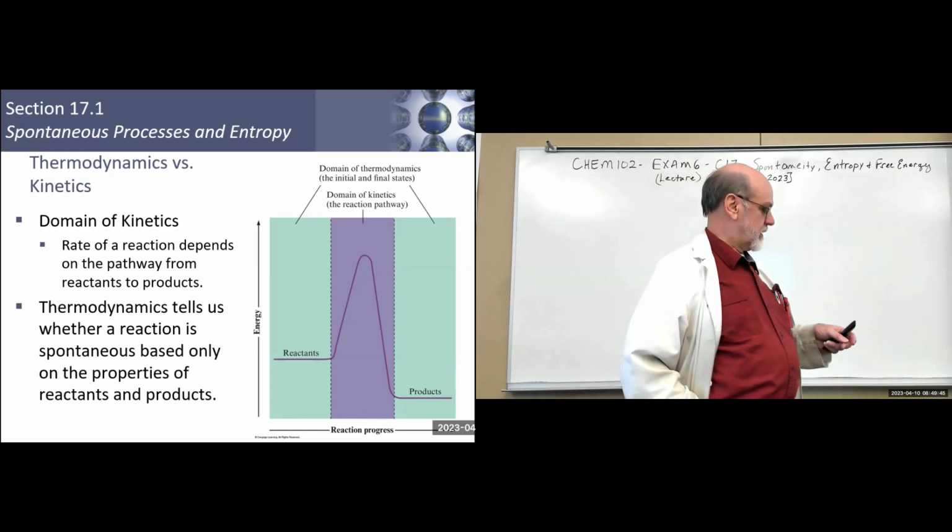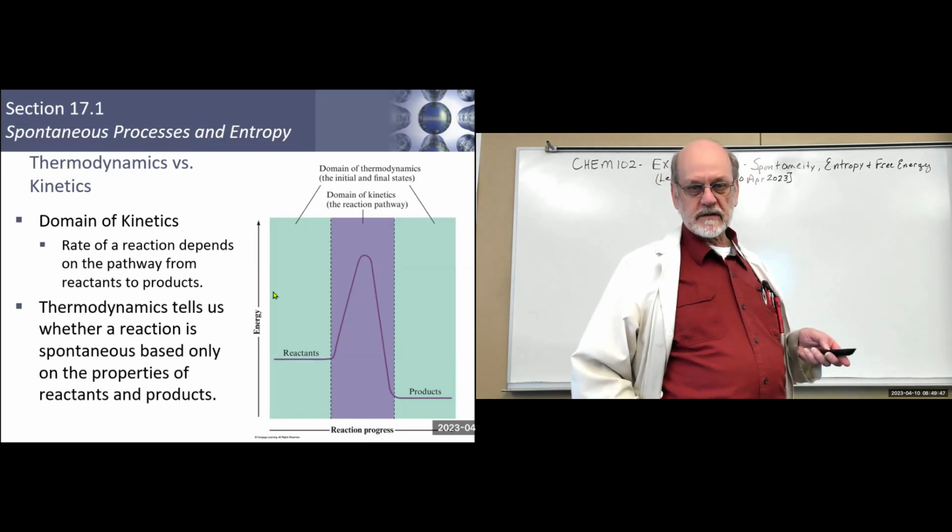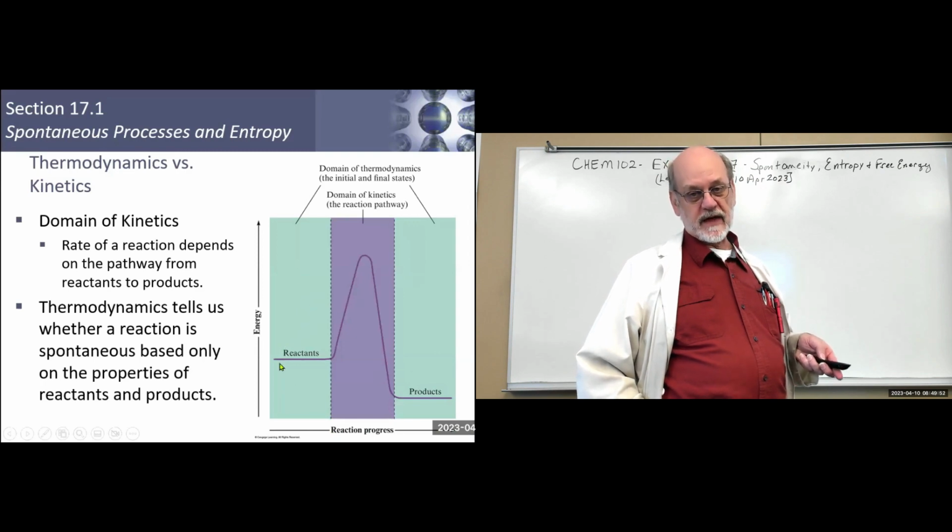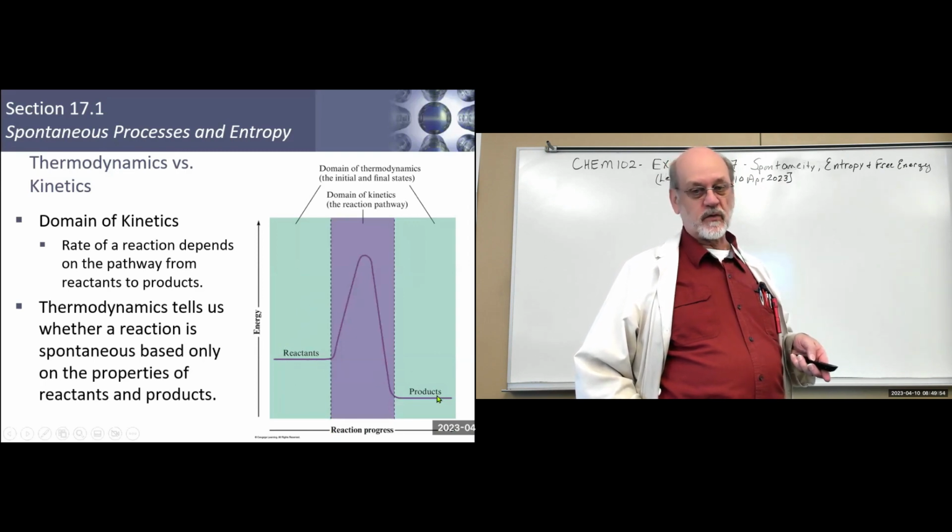So in this diagram, where we have the reaction progress and energy, you remember that you start with reactants and end with products, and then in the middle, this is where kinetics takes place. If the activation energy is very high here, then the kinetics are going to be relatively slow.